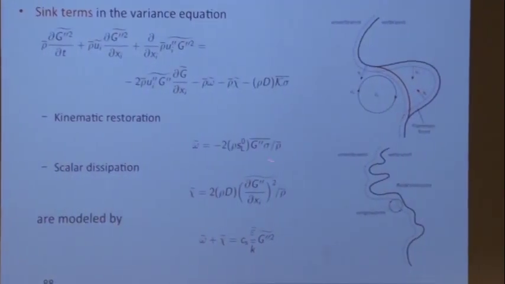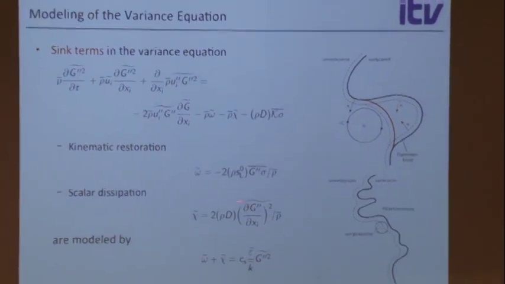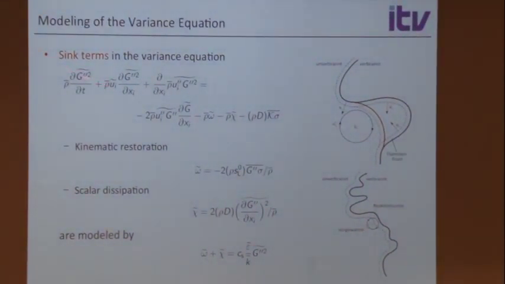And so of these two terms, you can say this one is the governing dissipation of this variance in the corrugated flame regime, and this one is the governing term in the thin reaction zones regime. So both together are modeled like this, where this is important in one regime and this is important in the other.